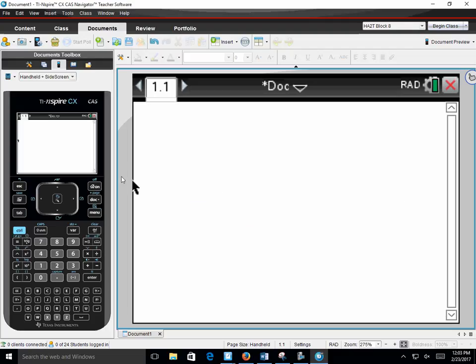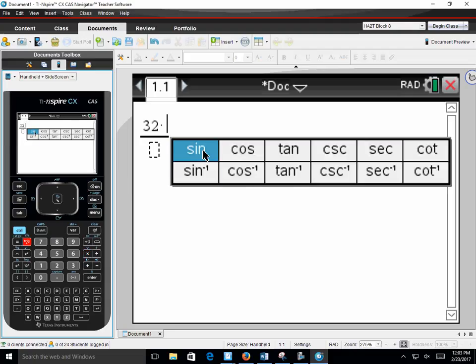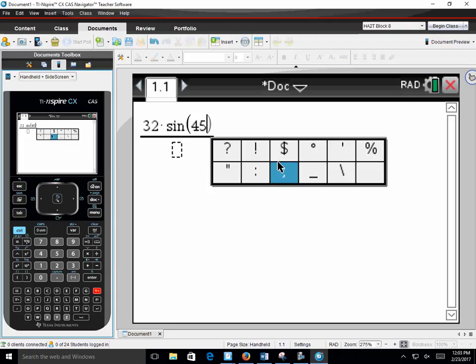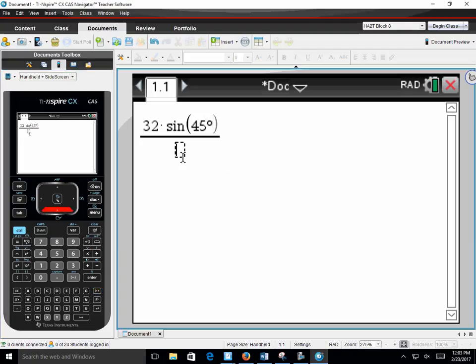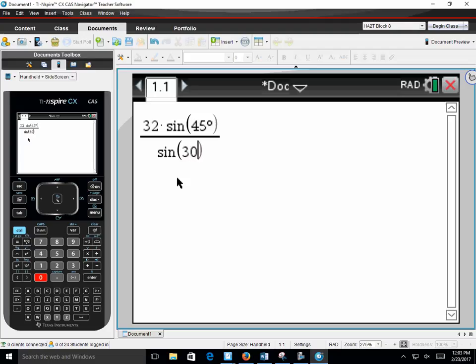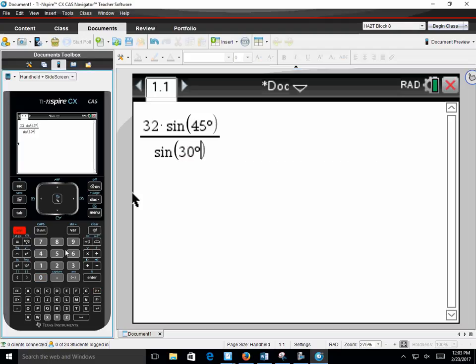Menu, calculator, fraction template. So I want 32 times sine of 45, is that right? And I've got to push the degree button because I know I'm in radians. Divided by, I want sine of what? Sine of 30, push my degree button. And I want a decimal approximation for this.